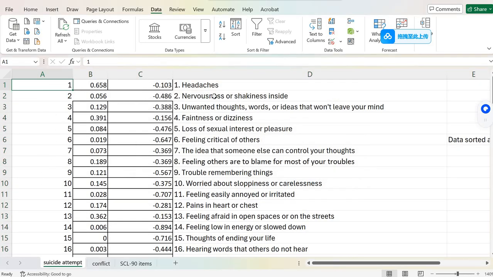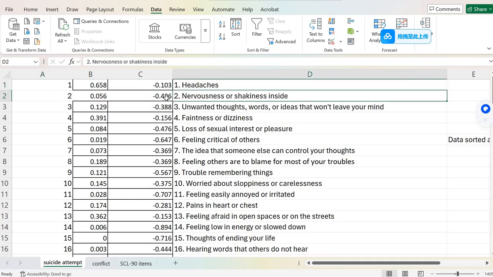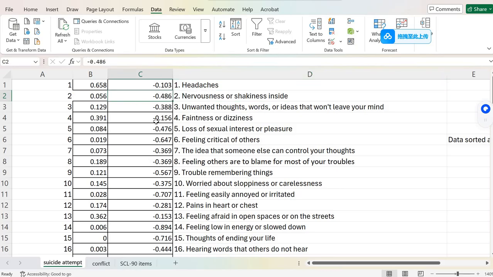Then you have item 1, headaches. The mean difference is here, the p-value. And item 2, nervousness, the mean difference. But it's better to sort it according to the mean difference.